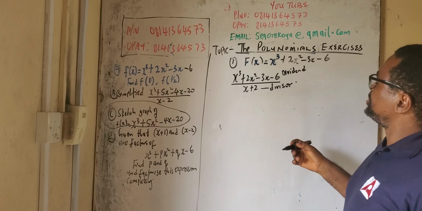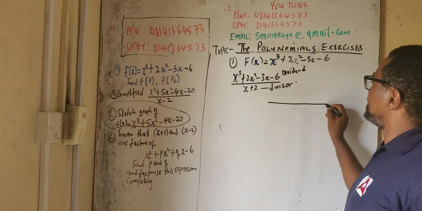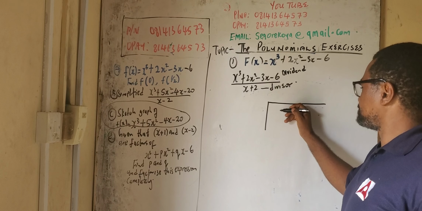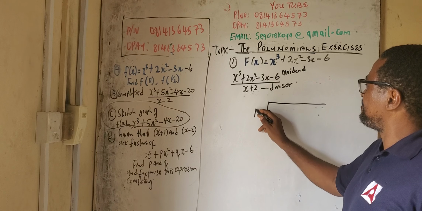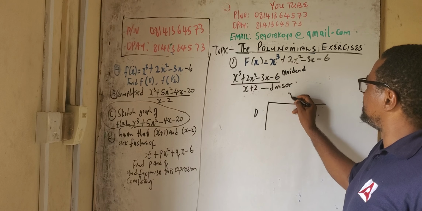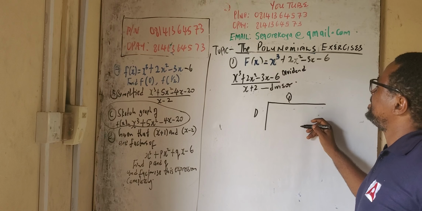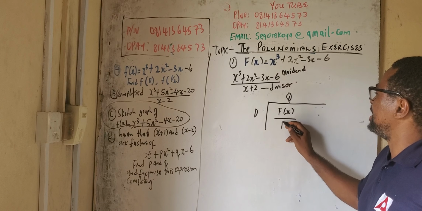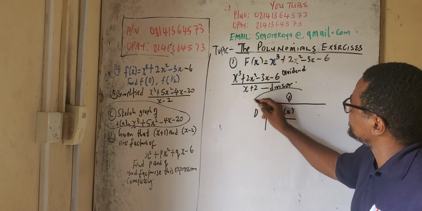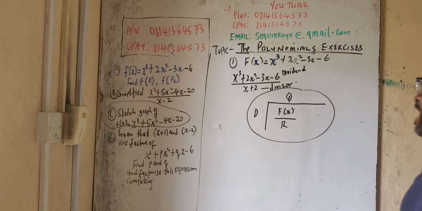So using long division, I can rewrite this like this, putting my divisor outside here. Then my quotient will normally be located here. Then my dividend, which is my polynomial, is here. Then our remainder is here. This is the skeletal form of the procedure of our work.